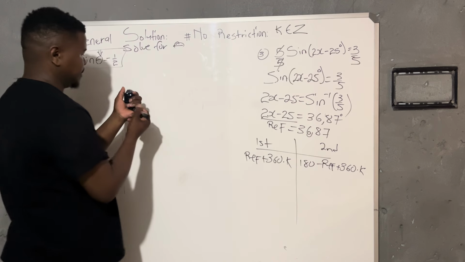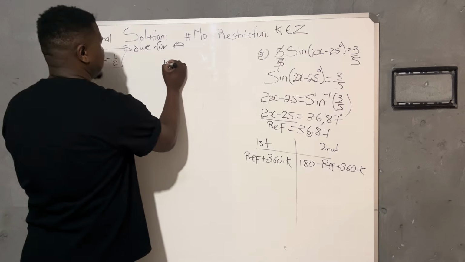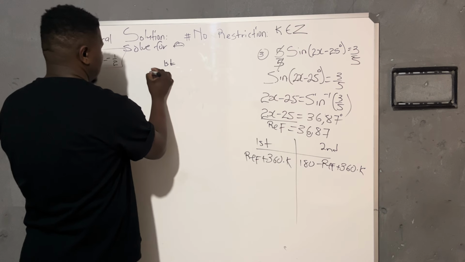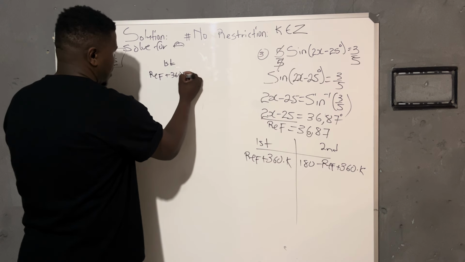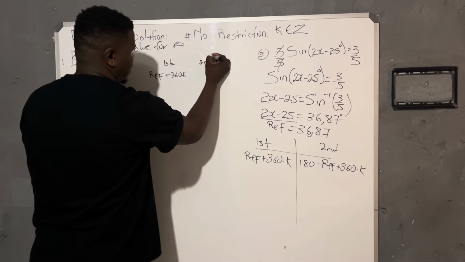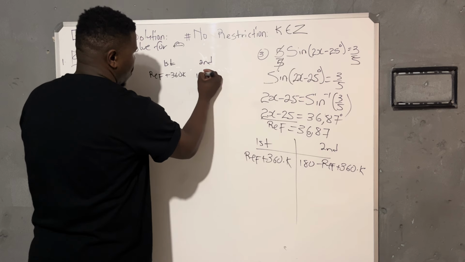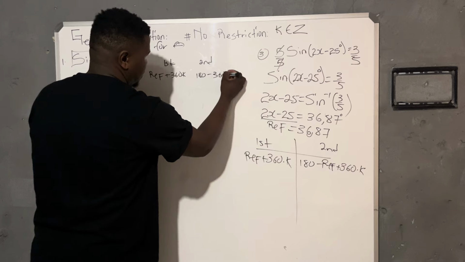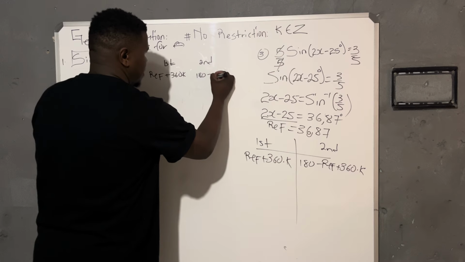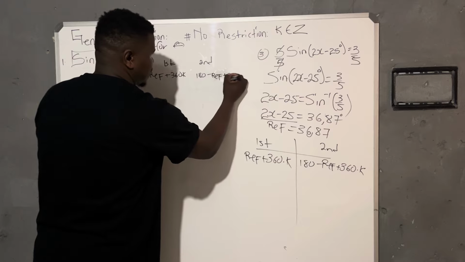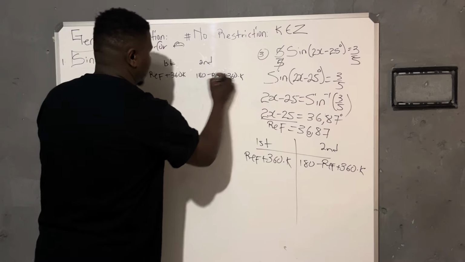Let me bring it here. I say the first is reference plus 360. Second, 180 minus reference plus 360 times k.